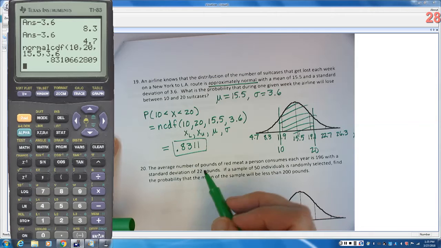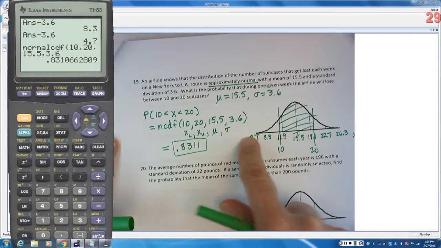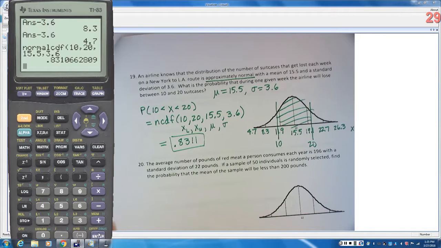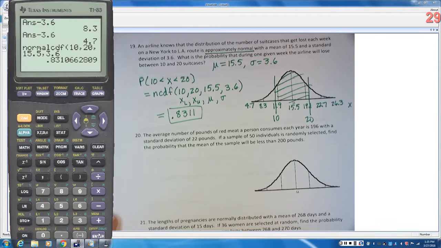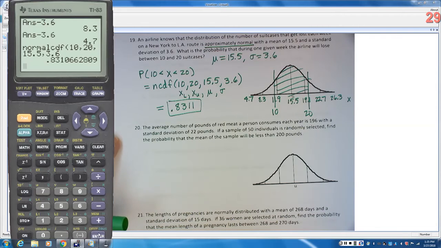That's our answer. But I'm looking for probability notation, labeling the curve, shading. So your answer is not just your answer. Here's another, a different type of question. This is still chapter 6, but it's at the end of the chapter.